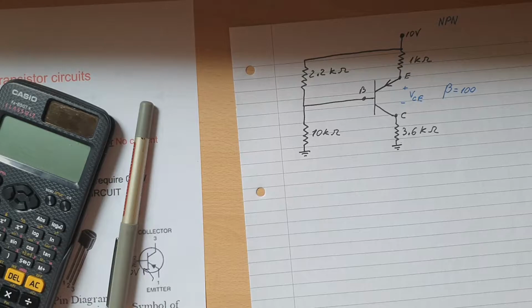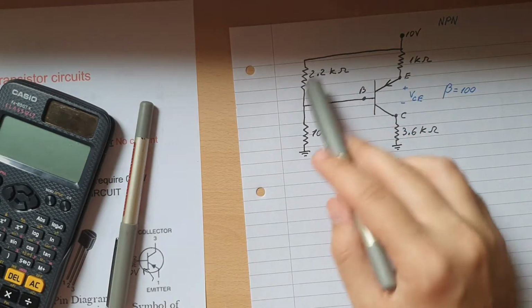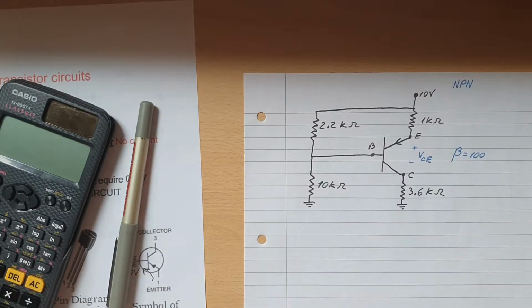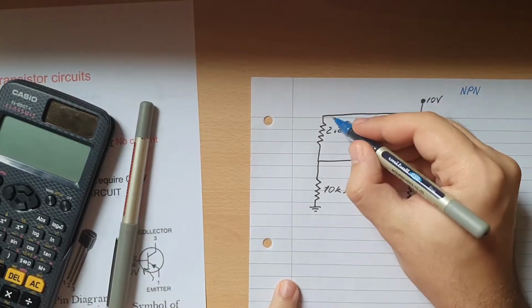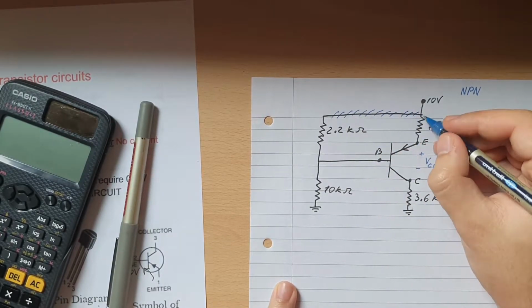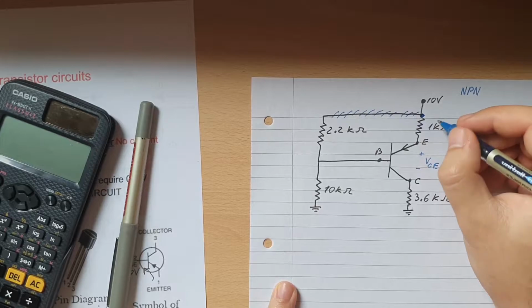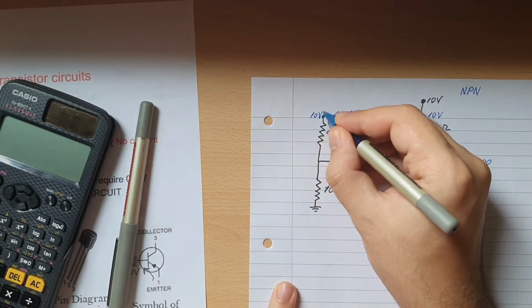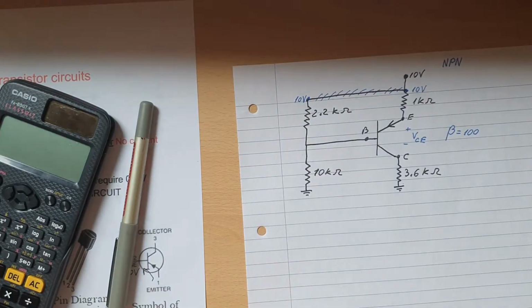Now, let's see, what can we do? Well, first of all, we can transform this. We can say that this voltage is 10 volts. Instead of being connected to this wire here, we can connect it one here, so there'll be 10 volts to here, and the other one here, so there'll be 10 volts to here as well. Okay, and what else can we do next?